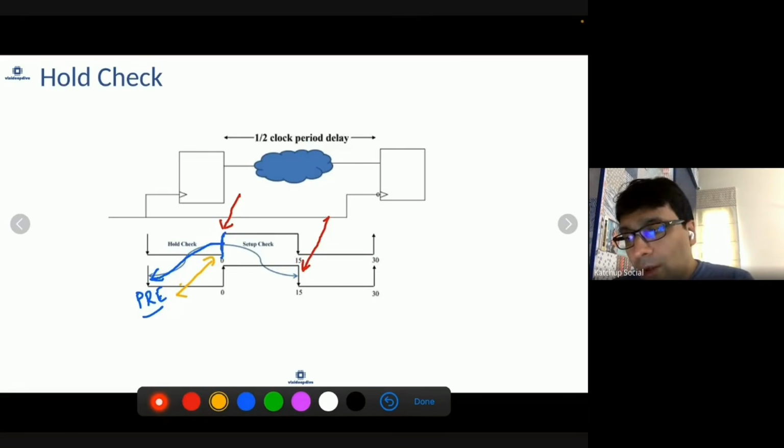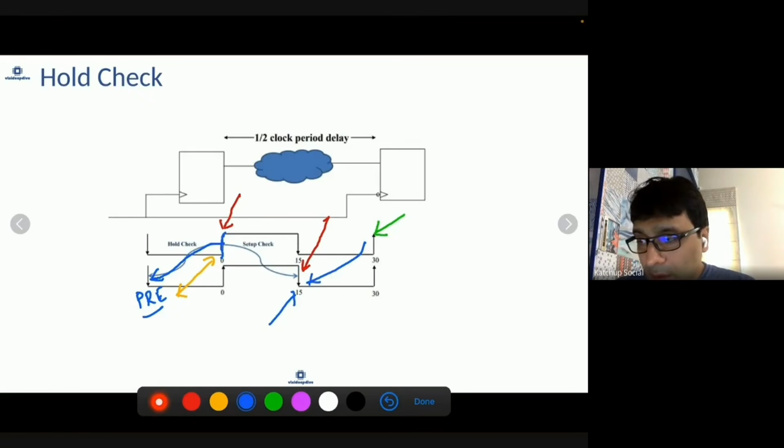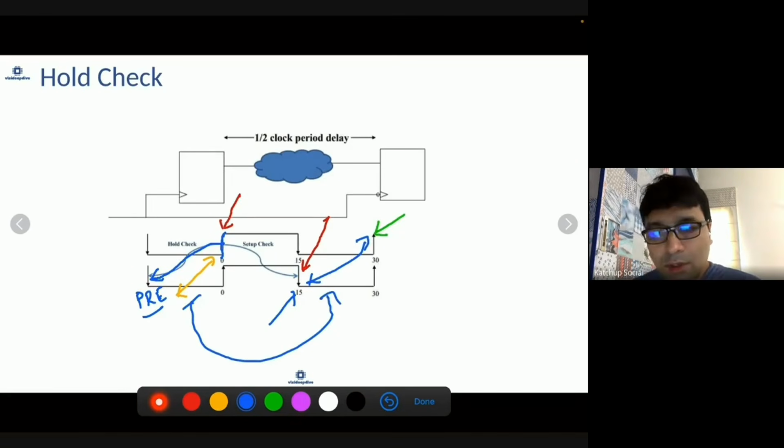According to the second rule, data launched by the next launch edge, which is this, must not be captured by the current capture clock edge, which defines this, which is essentially the same, just one cycle moved. So this is why this becomes your hold check.